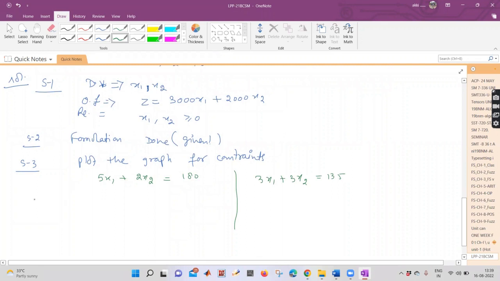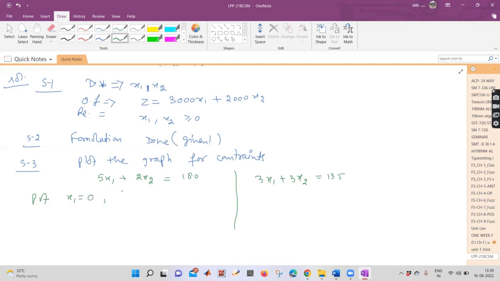How we are going to solve? We have 2 variables. What we do? Put the first variable equals to 0, get the value of the other one. Then you put the other variable equals to 0, get the value of the other one. So here I have taken x1 equals to 0. Then what will be the value of x2?